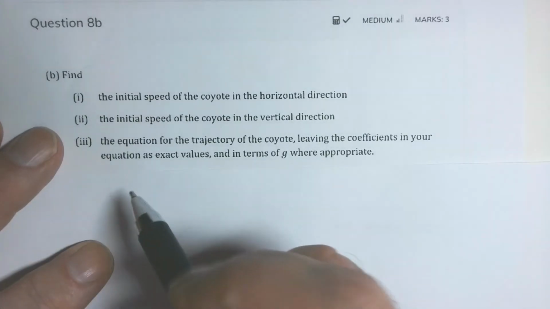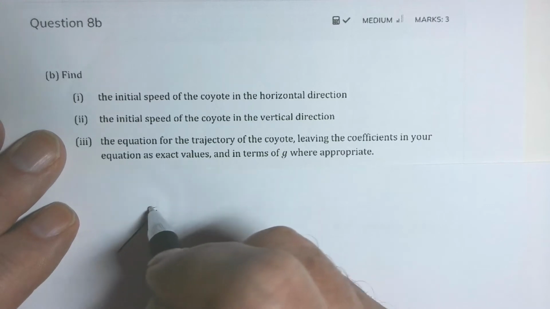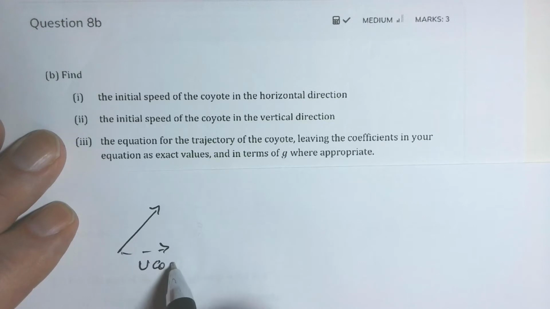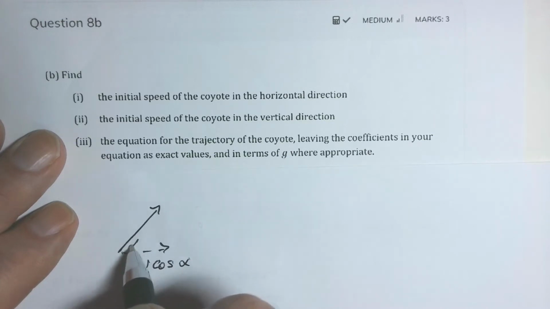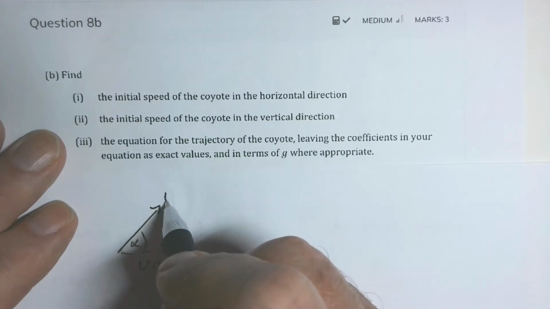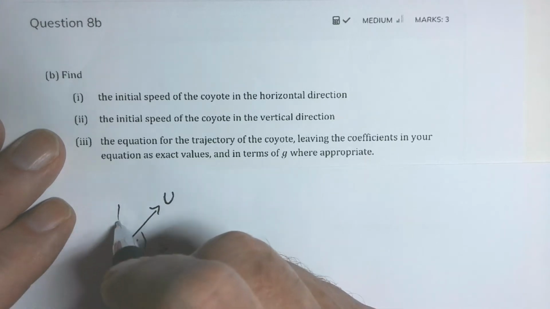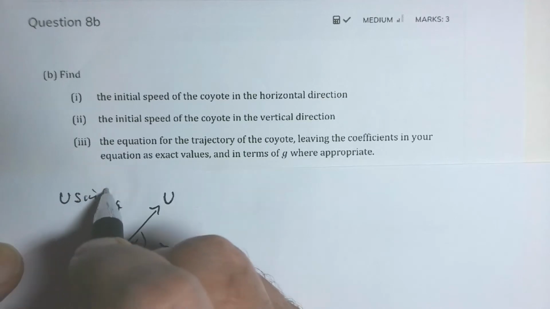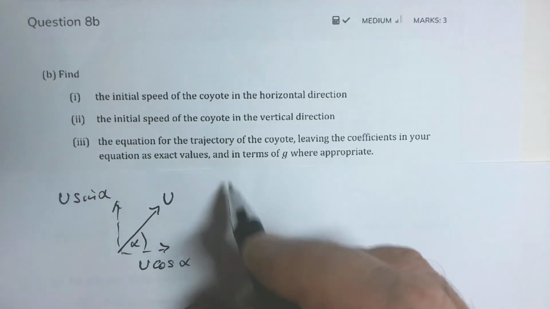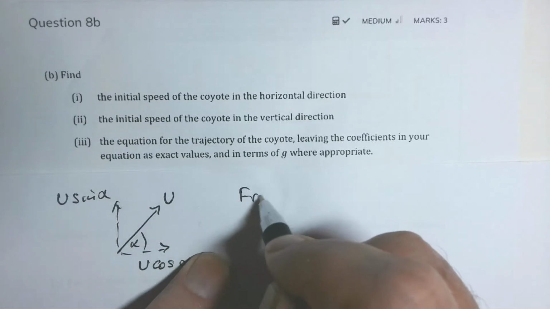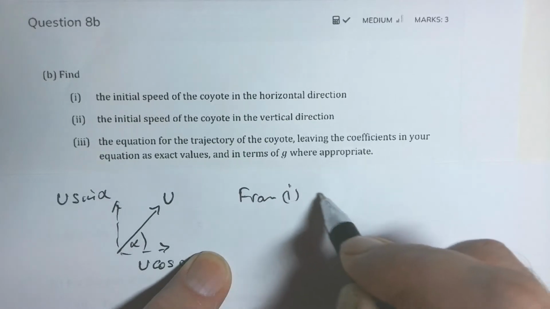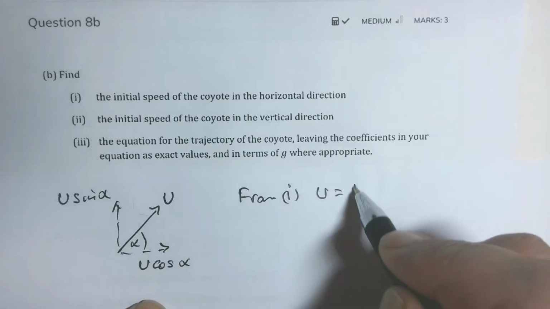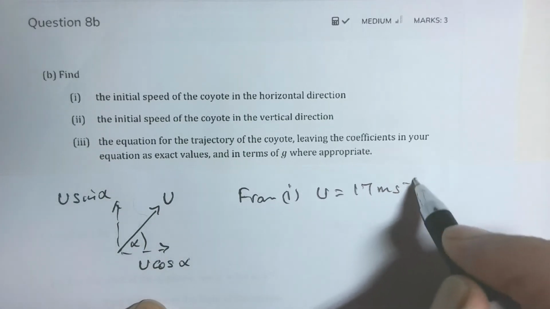Remember that u cos alpha is the horizontal component and u sine alpha is the vertical component. From part 1, u is the magnitude of the vector, 17 meters per second.